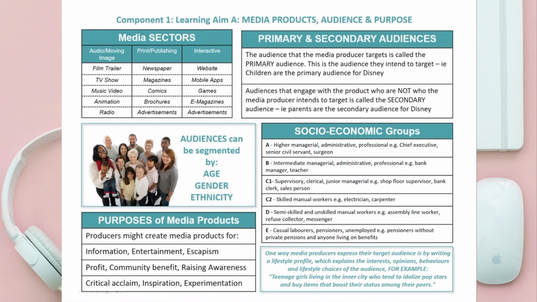Once we understand audiences, we can look at why media products are produced and who they're produced for, quite specifically. We also look at the research and ideas that have come about as a result of studying different audience behaviors and production patterns.